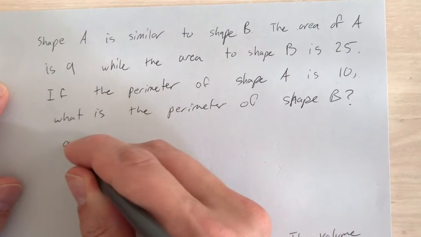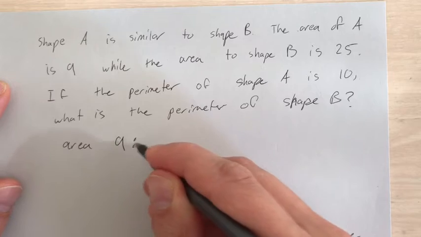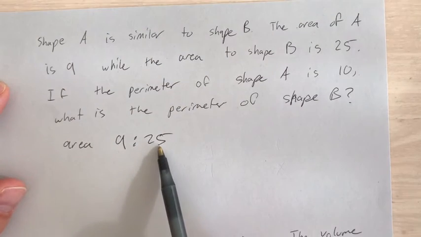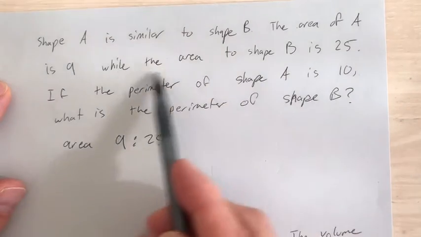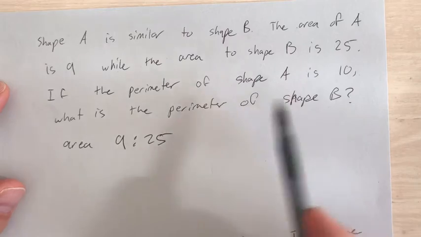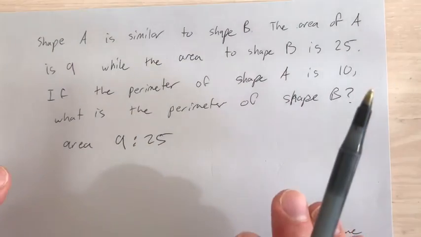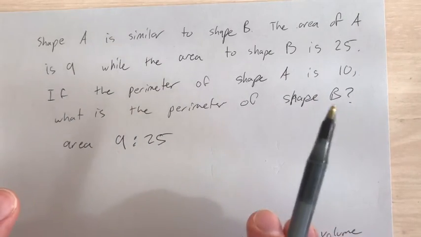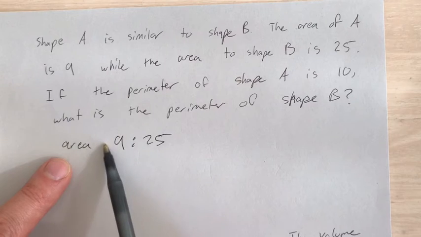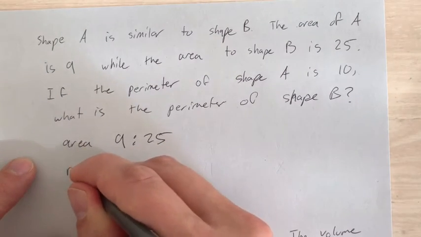So the area ratio for this situation is 9 to 25 from A to B. What we want to know is the perimeter of shape B. So we can't use this ratio because perimeters are just a normal ratio. They aren't squared, they aren't cubed. But unfortunately, this area ratio is not the similarity ratio. So what we need to do is backtrack to what would just be the normal ratio, okay?